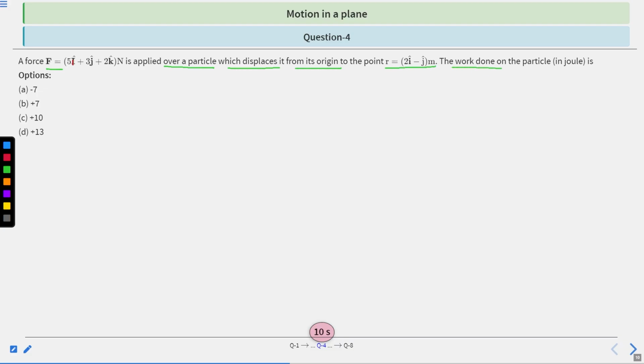The work done on the particle in joule is what? You have to find the work done on the particle. The given quantities are force and displacement. You have 10 seconds to solve this question. After that, we will provide the solution.